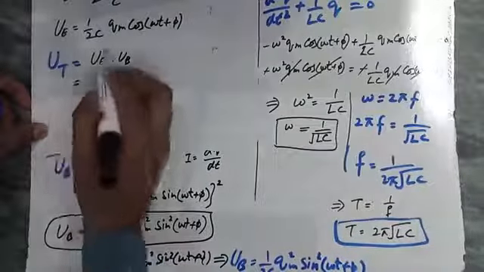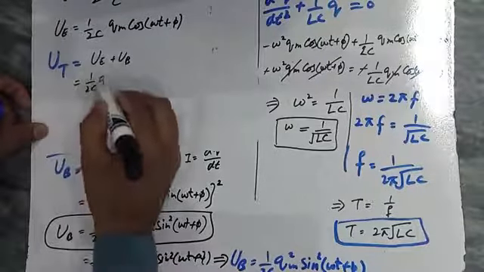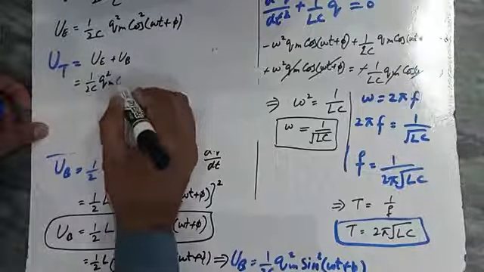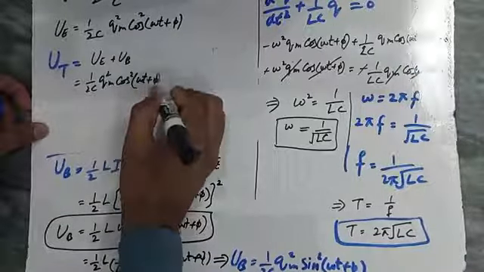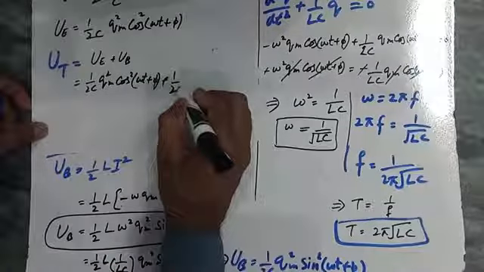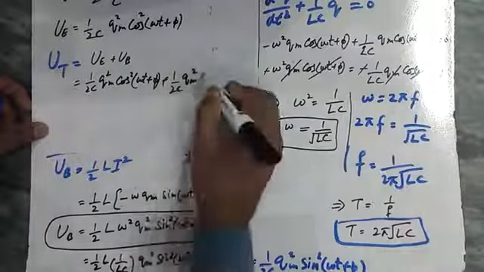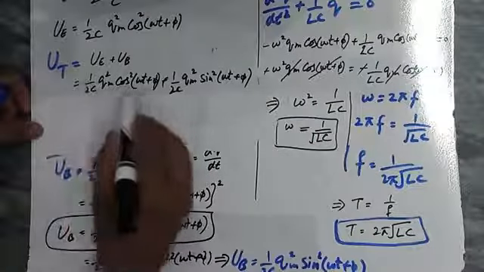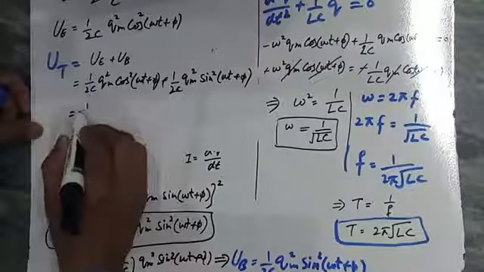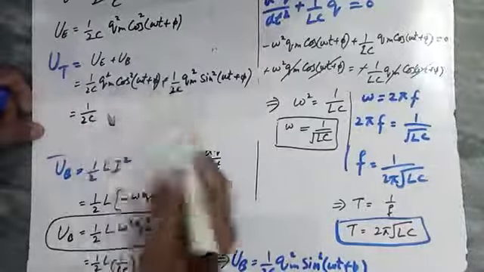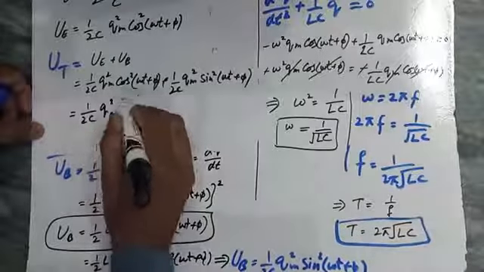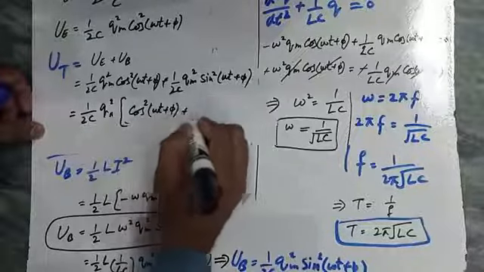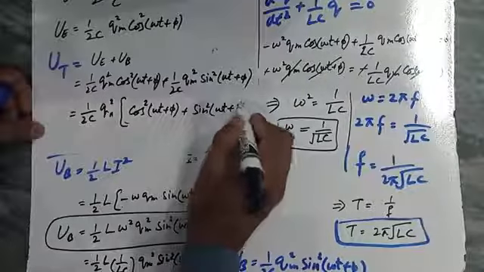Putting values here, I get 1 over 2c qm square cos square (omega t plus phi) plus the value of UB, which is 1 over 2c qm square sin square (omega t plus phi). 1 over 2c qm square is common in both these terms, so it becomes 1 over 2c qm square times cos square (omega t plus phi) plus sin square (omega t plus phi).